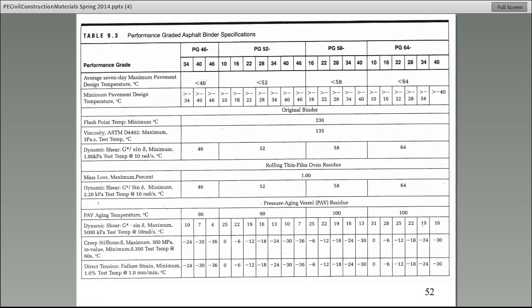Guys, I know there are a lot of numbers here. Don't worry about it. What I want you to concentrate on are the very top ones. These are the standard grades. For example, PG 46 minus 34, PG 46 minus 40, PG 46 minus 46, or PG 58 minus 16, and so on.